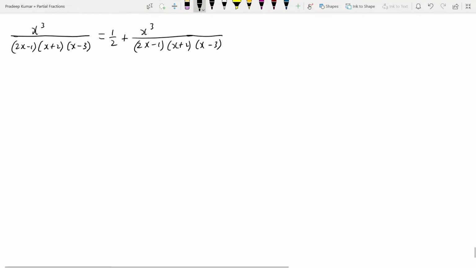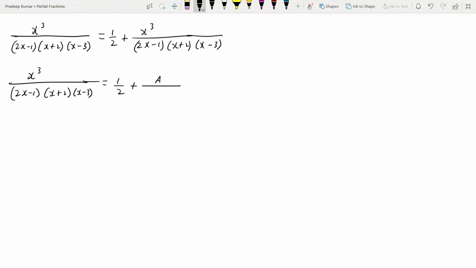Now I can write this as x^3 / ((2x - 1)(x + 2)(x - 3)). Now I'll write this into partial parts: A/(2x - 1) + B/(x + 2) + C/(x - 3). Now we'll take the LCM.